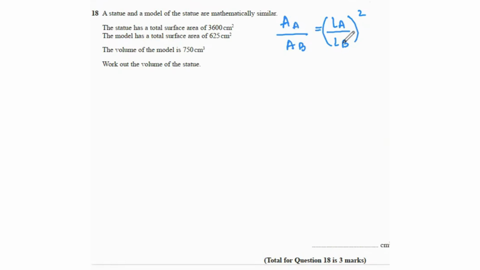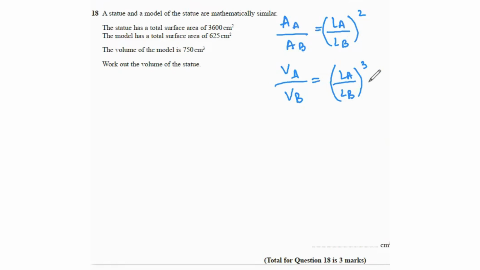Over here, we're talking about the area. So area we know is centimeter square. So that means two lengths are being multiplied. So over here, we square the scale factor. And when it's the volume of shape A divided by volume of shape B, what we will do is cube the scale factor. So length of A divided by length of B is now cubed.